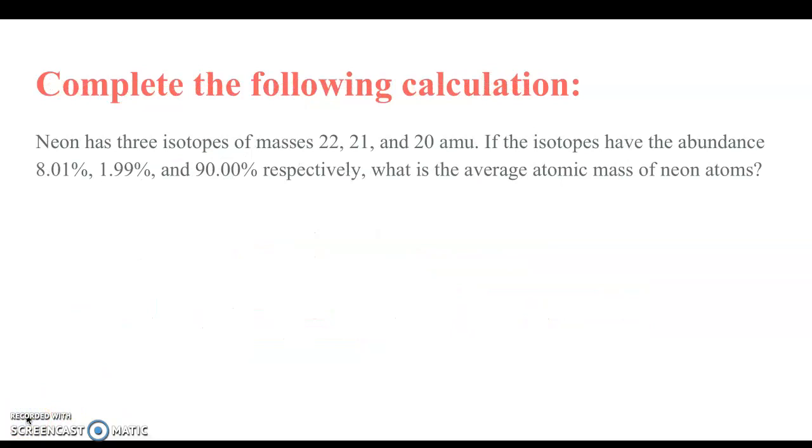Now it's your turn to try. Neon has 3 isotopes, with the masses 22, 21, and 20 AMU. If the isotopes have the abundance 8.01%, 1.99%, and 90.00% respectively, what is the average atomic mass of neon atoms?